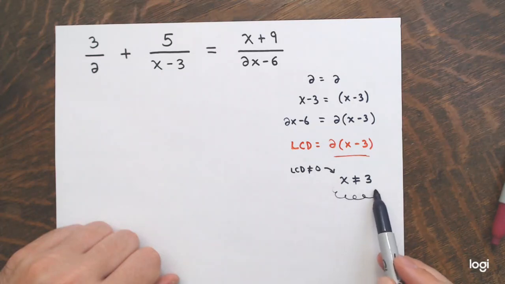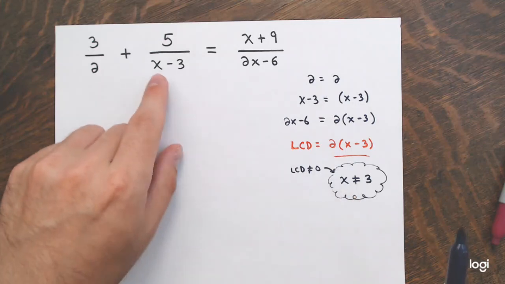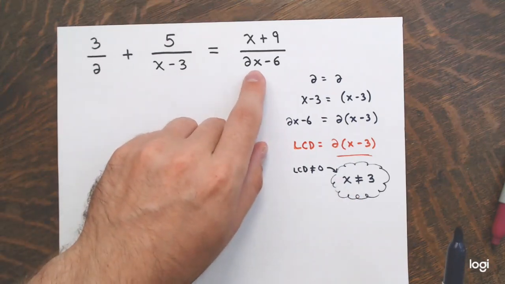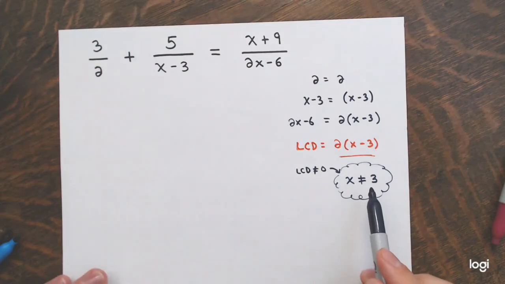So I'm going to put this in a little bubble, so I keep it in mind. That will make that denominator 0. 2 times 3 minus 6 would be 0 as well. You can't have denominators of 0, and you can't multiply both sides of an equation by 0. That destroys everything. So as long as x is not 3, we can continue.